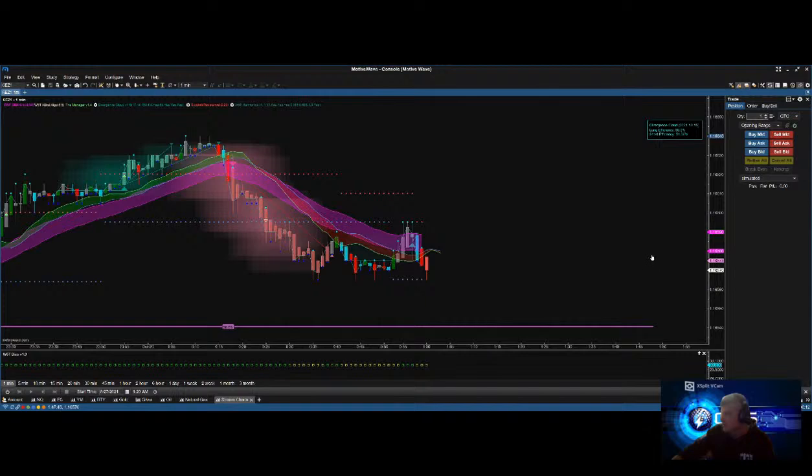See if I can add an indicator line. There we go. And this is on the 1 minute right here. This is the euro. Euro dollar.